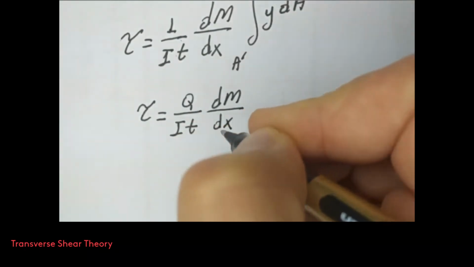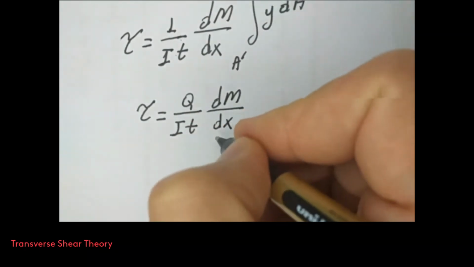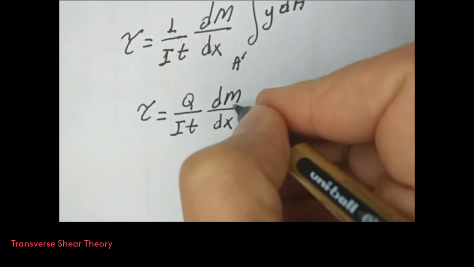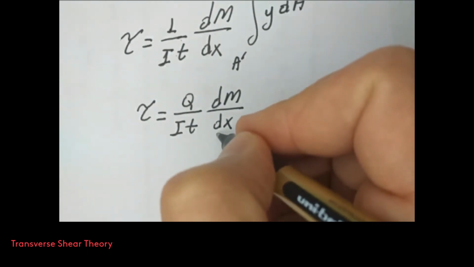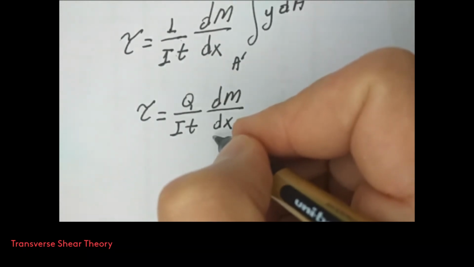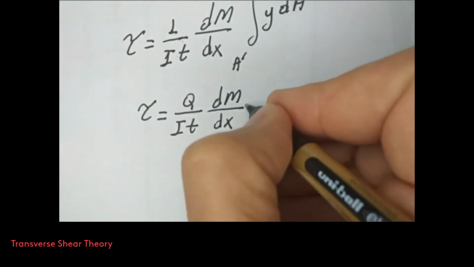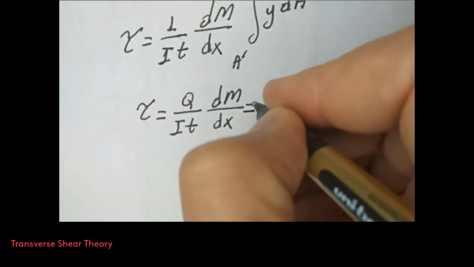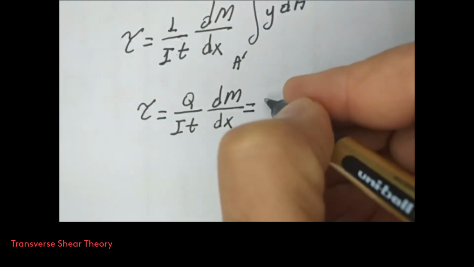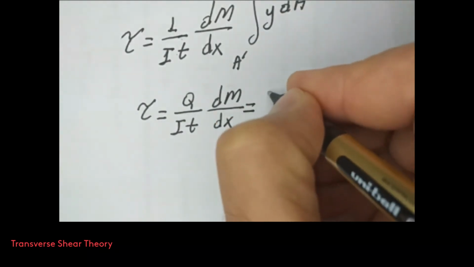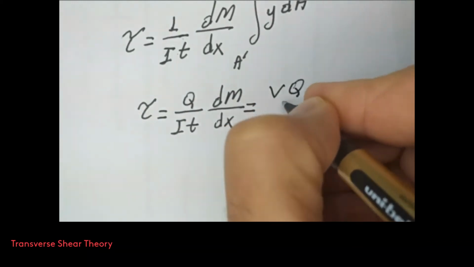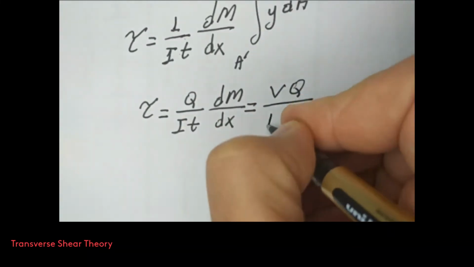Now we know that the derivative of the bending moment with respect to x gives us the shear force at that particular location. So we can write it like this. So VQ over I multiplied by t.